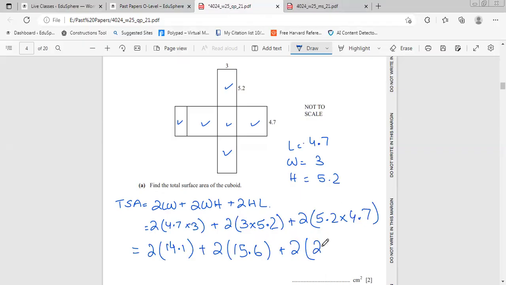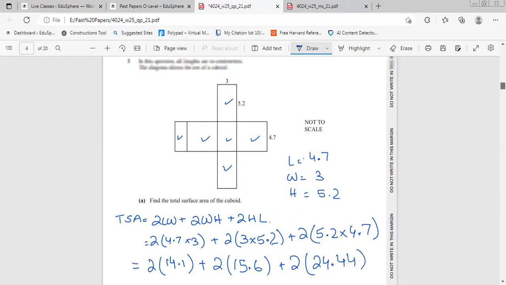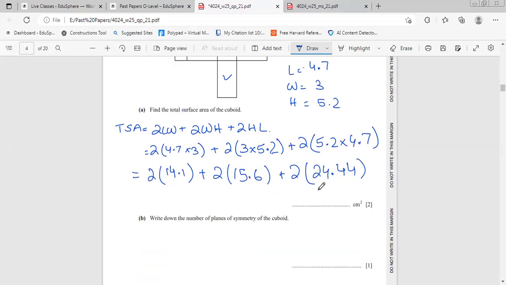So I get 24.44. Now at this point, we're going to multiply all of them with 2. So I may take the common between all of them, or I can multiply. If I take common, it will be 14.1 plus 15.6 plus 24.44.